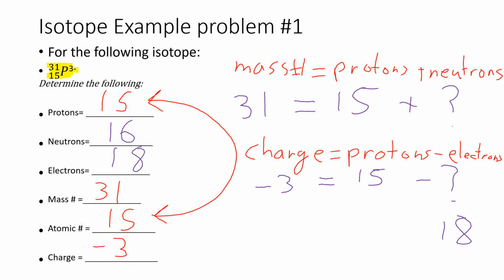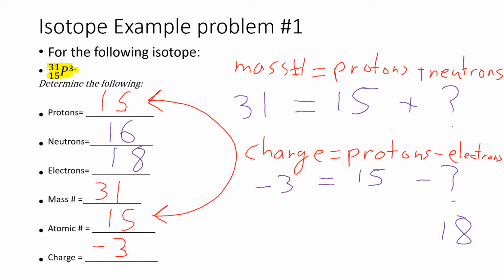There's another way of doing it that's a little bit less mathematical, a little bit more chemical. Here you have to recognize that the charge is that balance between the protons and the electrons. So the fact that you have a negative charge tells you you have more electrons than protons. That's what the negative part of that tells you. So you know you better have more than 15 electrons because you have 15 protons. How many more electrons than protons?